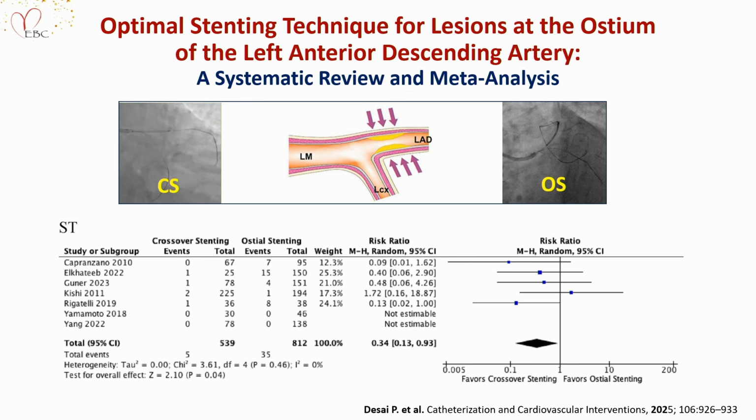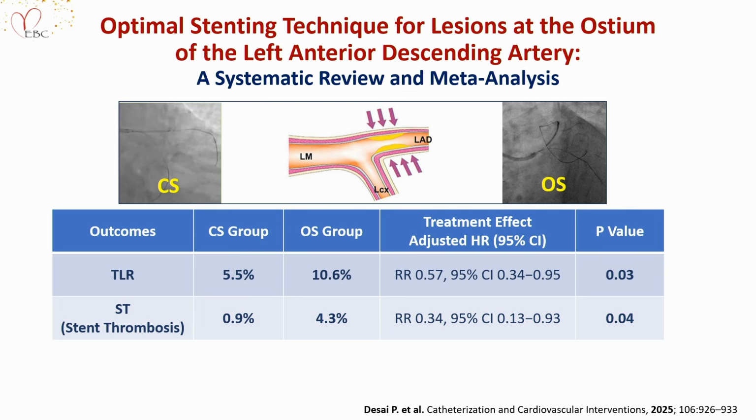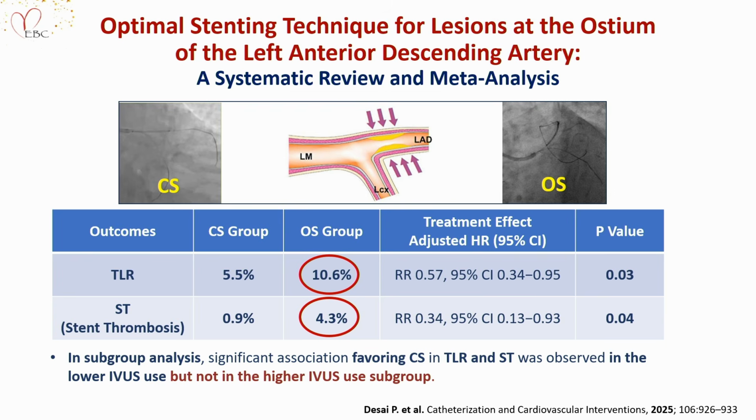This is the plot, but you have here the numbers. TLR was 10% in the ostial versus 5%, double. And stent thrombosis was 4.3 versus 0.9. But in this meta-analysis just published, they did a subgroup analysis: a significant association favoring crossover stenting in TLR and stent thrombosis was observed in the lower IVUS use, but not in the IVUS use subgroup.